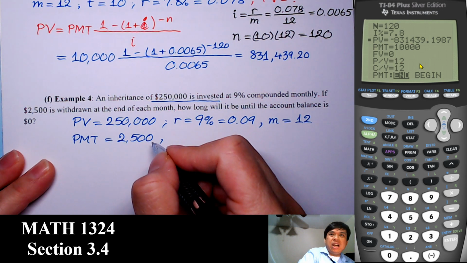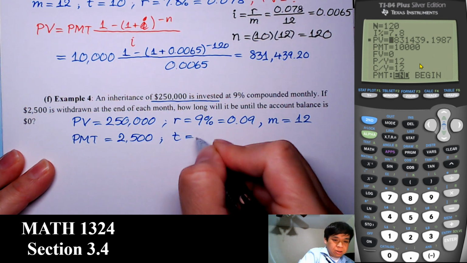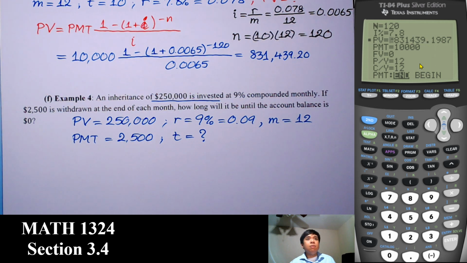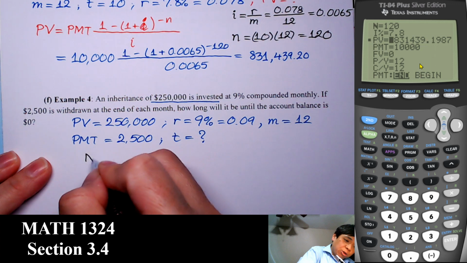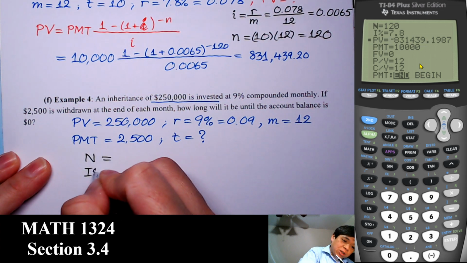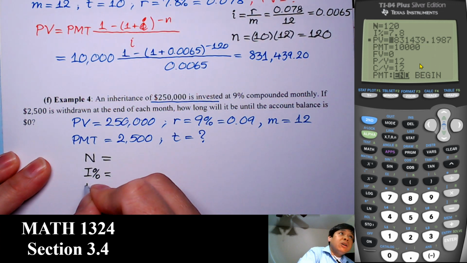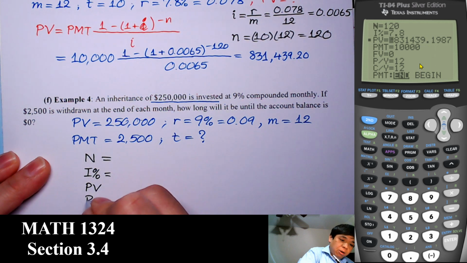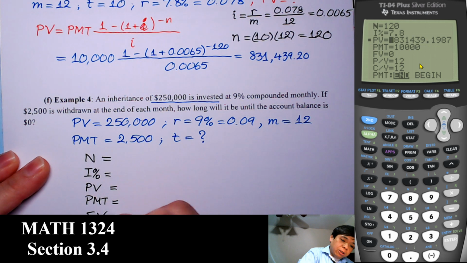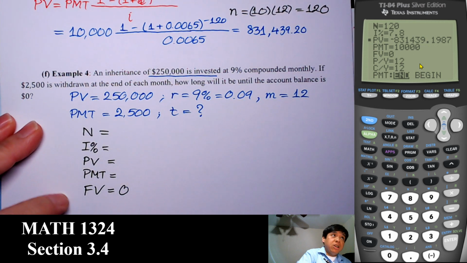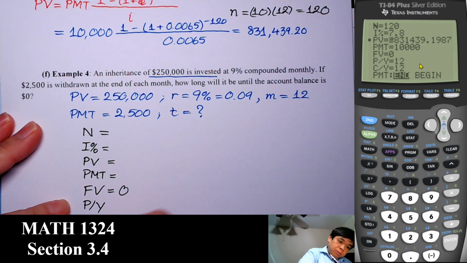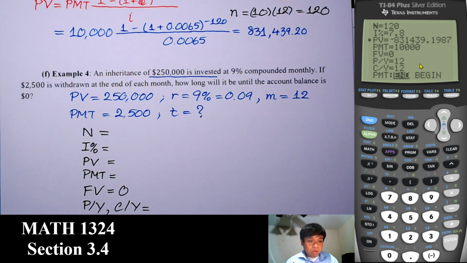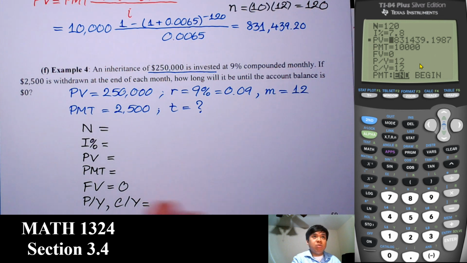So let's say how many years. Right, so write what the calculator usually has: interest rate, present value, payment, future value. We know future value will be 0. The last two are usually the same, so we just have that together.